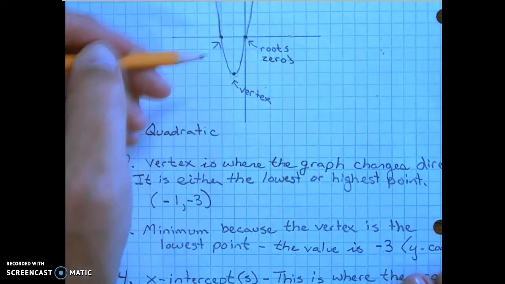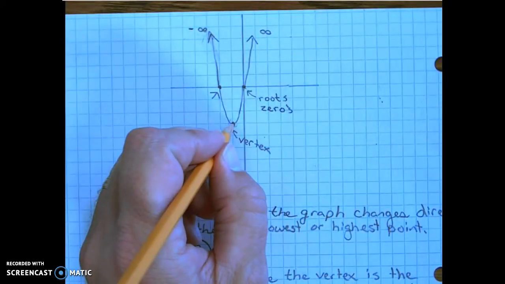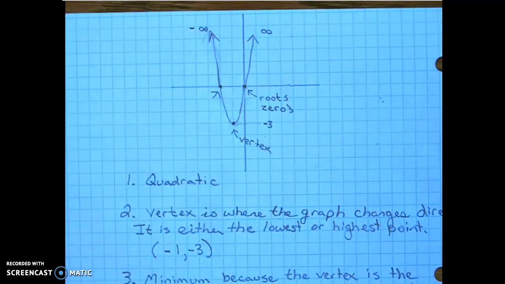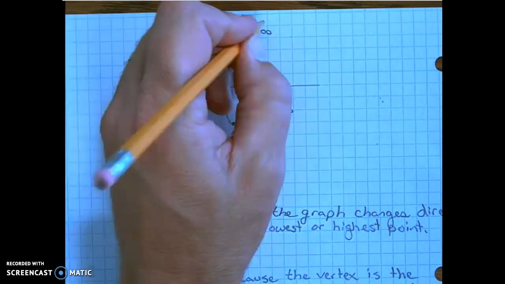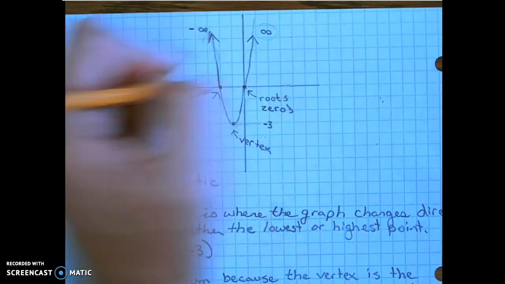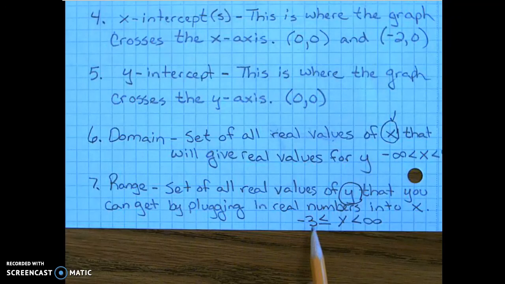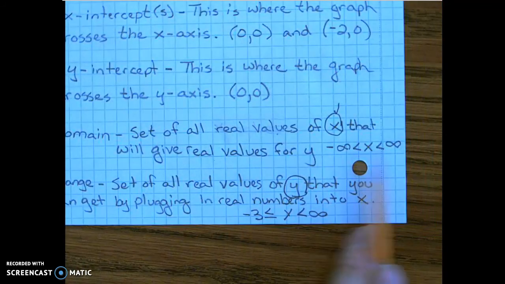So in this case, our range is going to be our y values. Down here, we're starting off at -3 on the low end, and it's going up infinitely, to positive infinity on the high end. Lowest to highest. Remember that from Algebra 1. And domain, left to right.